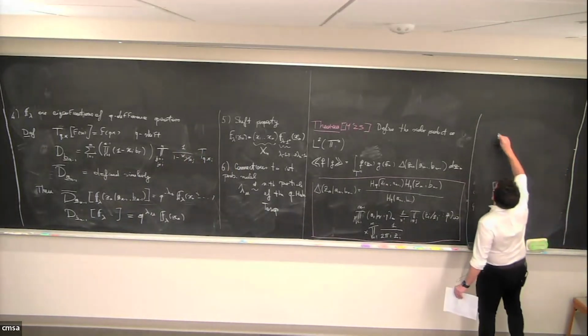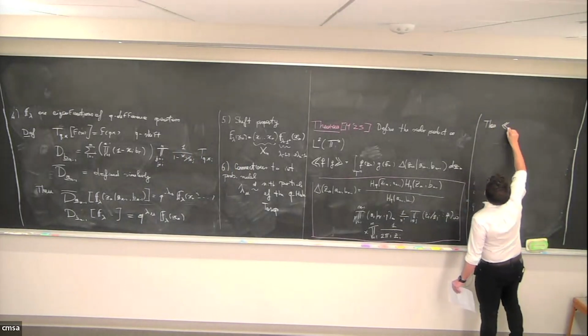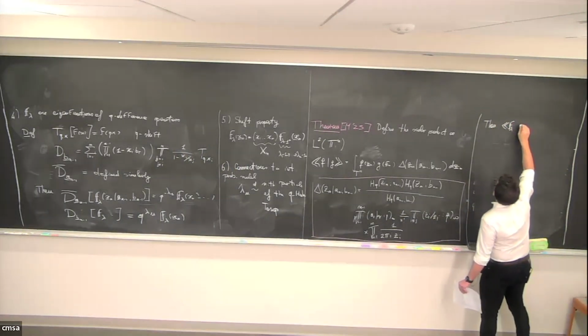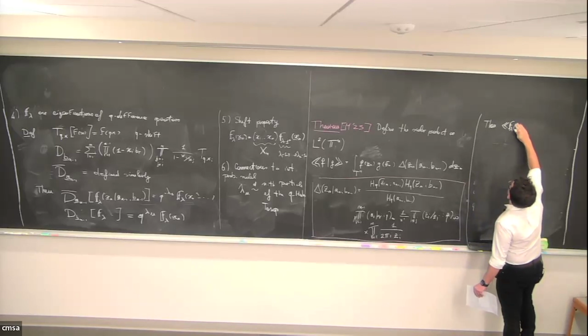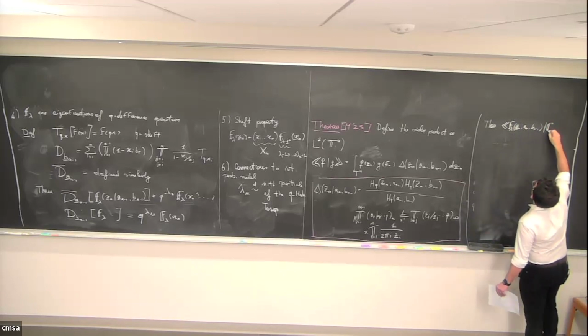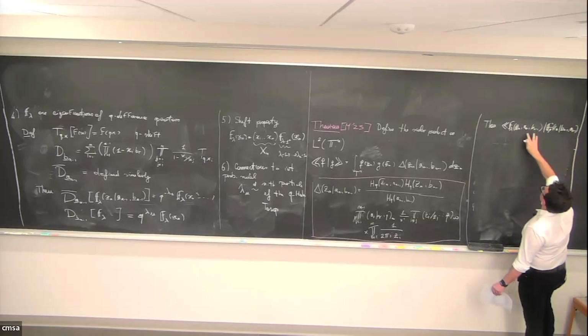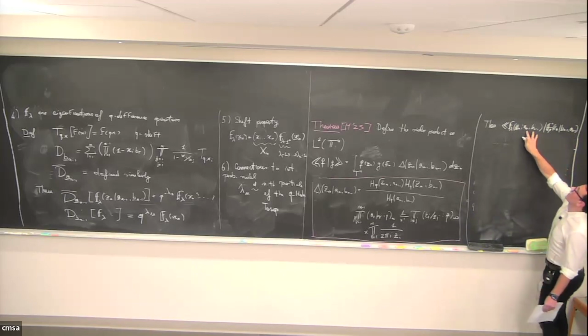Then we have that f lambda of some variables zn a n minus 1 b n minus 1, scalar product f mu of z n b n minus 1 a n minus 1. So also in this case the sets of parameters are swapped.